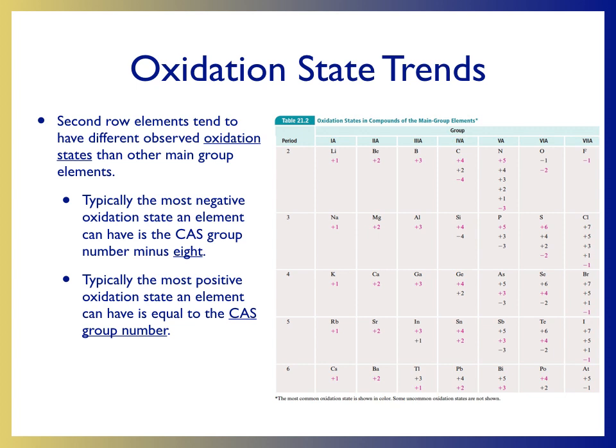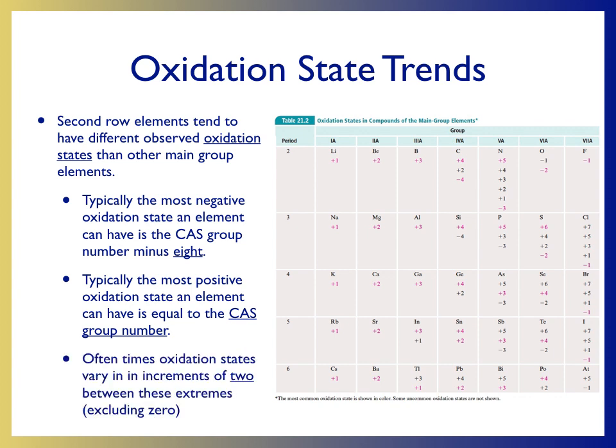So for elements within group 6A, the oxygen group, the highest oxidation state those elements can have is plus 6. You can see that, with the exception of oxygen, most elements within group 6A have, or can have, a plus 6 oxidation state.